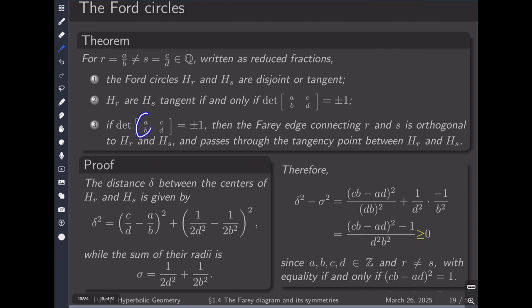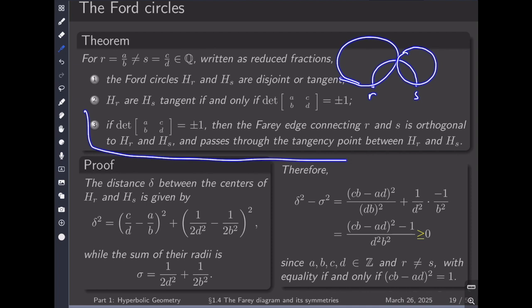When their base points are adjacent in the Farey diagram, then the Farey edge connecting the two points actually passes through the point of tangency between the two Ford circles.